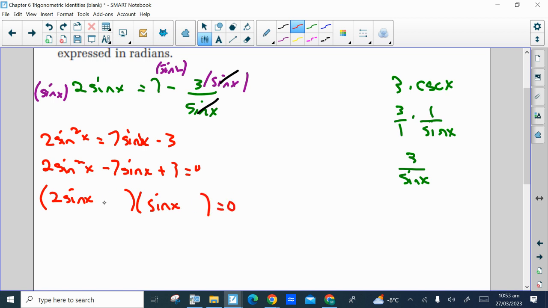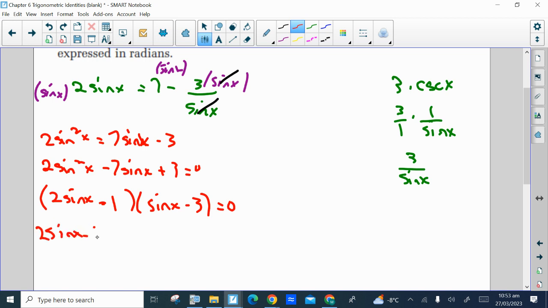In order to make this work, we need a -1 there and a -3 there. The outer products will be -6 sine x, the inner minus 1 sine x. That gives you your -7 sine x in the middle.